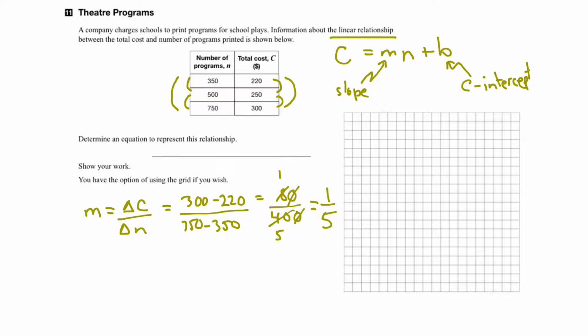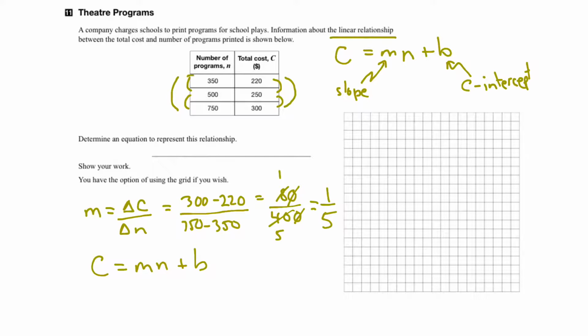We can see that we have values for C. If we pick, say, this first point here, we'll have a value for C. We know what m is now, it's 1/5, and we know what n is, it's this value here, if we pick that first point. So if we plug those values into the equation, we'll be able to solve for b. So let's write our equation here. C equals mn plus b.